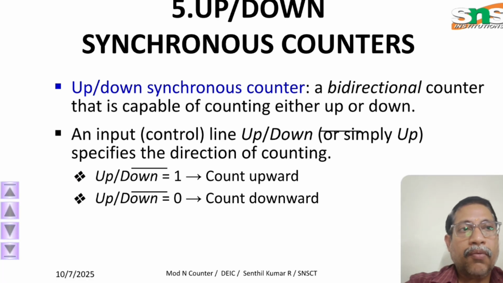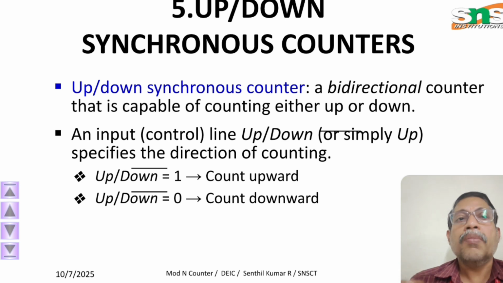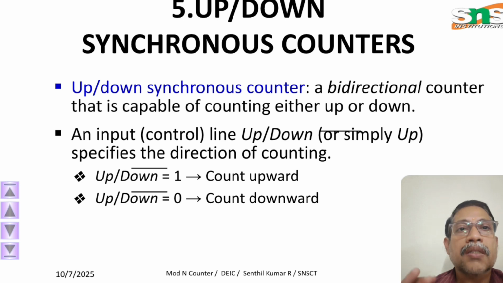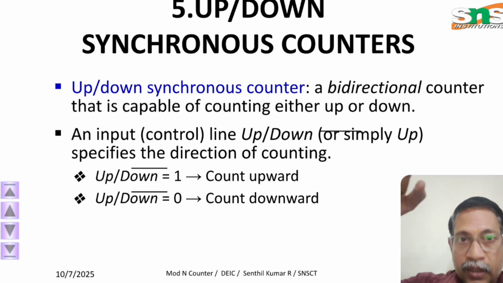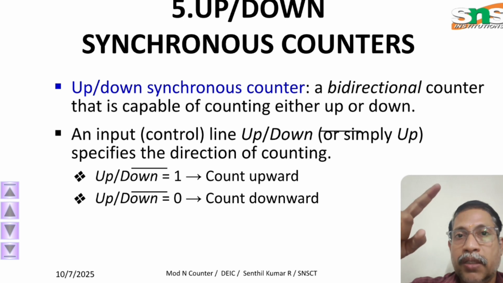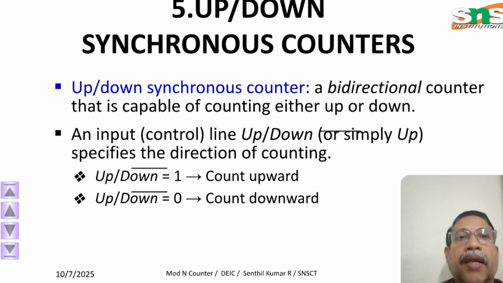For the design of a synchronous up down counter, we have to apply a special input, which may be up or down bar. When up bar down is 1, the counting is in the upward direction. If it is 0, the counting is in the downward direction, right?